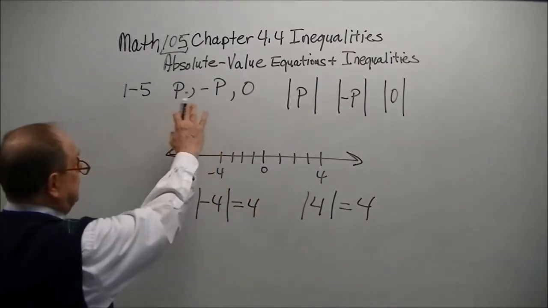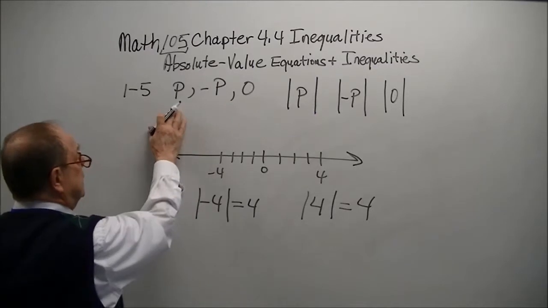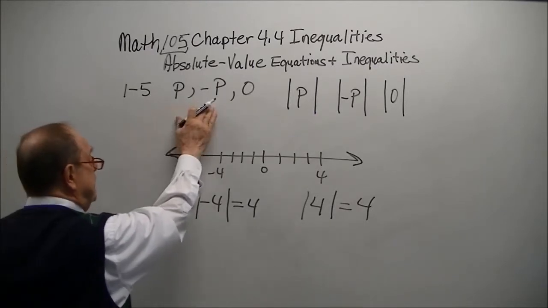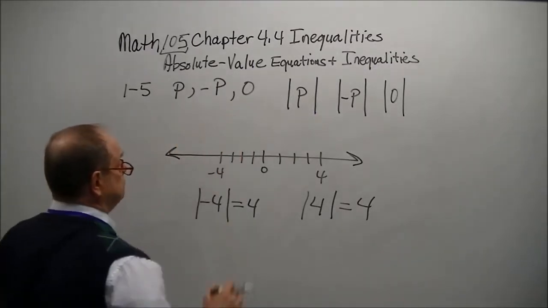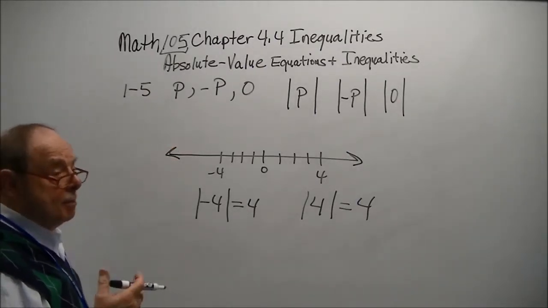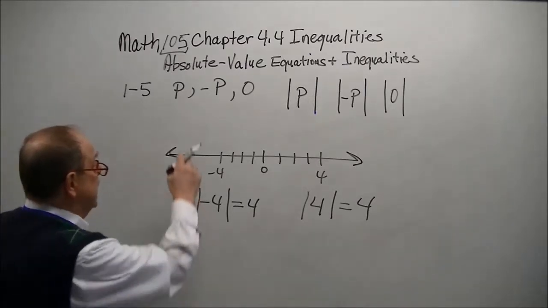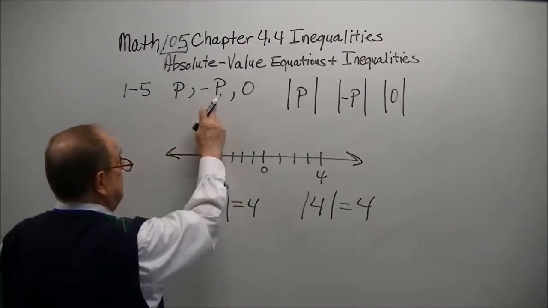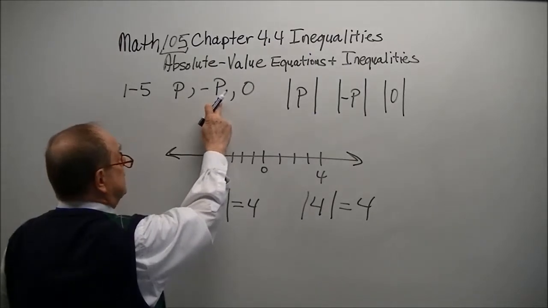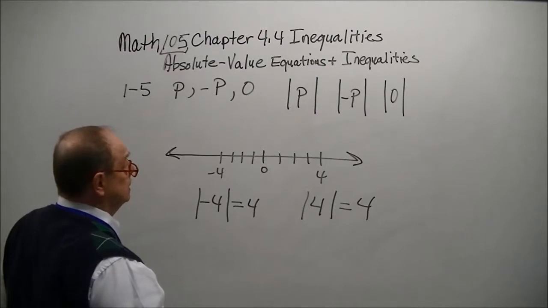And the letters that they're using in the beginning of this lesson, you're going to have some matching where you have the letter P, negative P, and 0. P stands for a positive integer, and a negative P, where this would have been positive, is now its opposite.